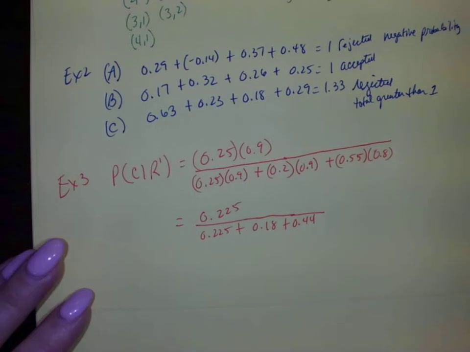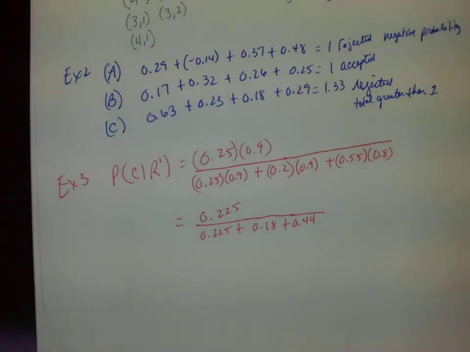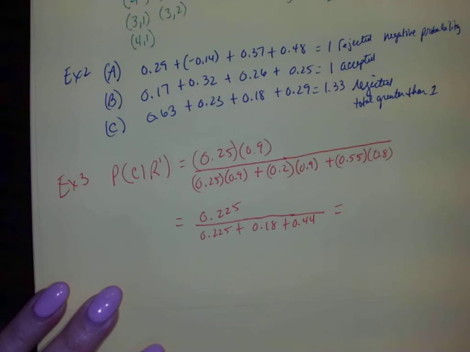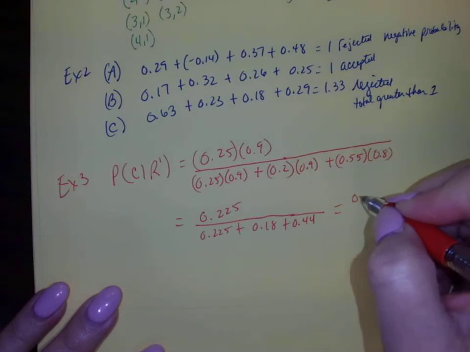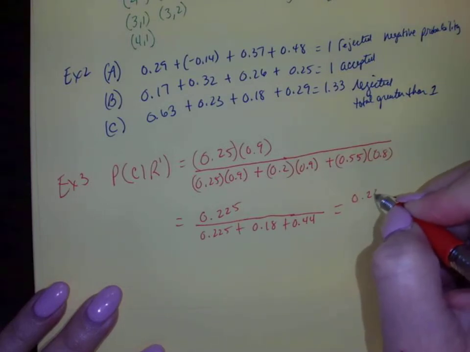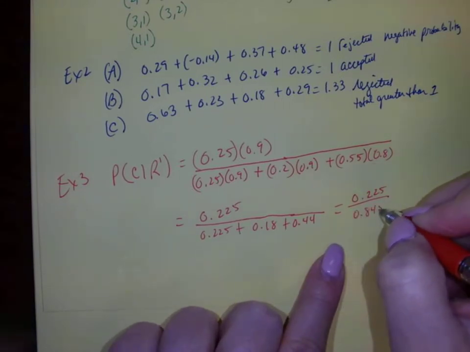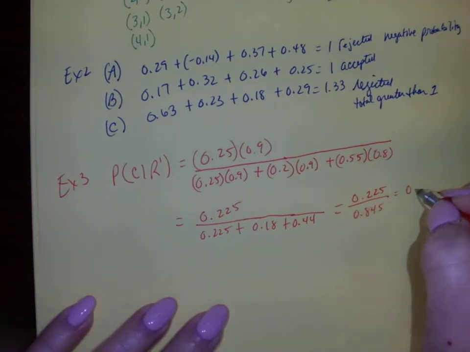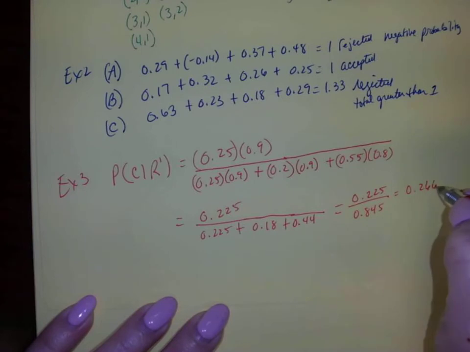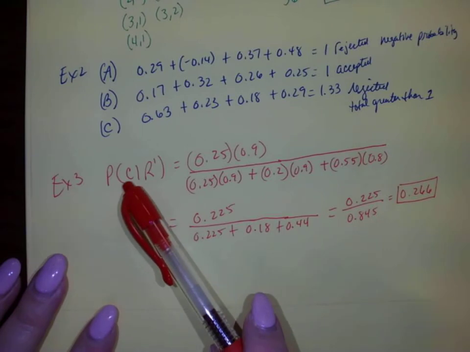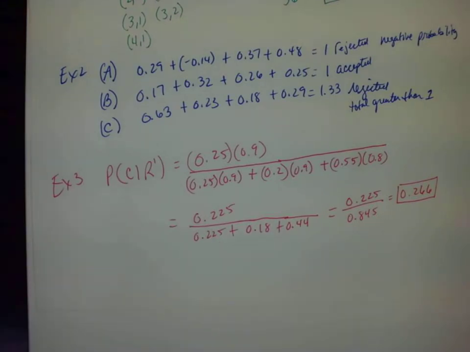And I'm writing this out so that if I need to double check my math, I've got my numbers there. And it's good to show your work. So we have 0.225 over, when I add these together, 0.845, which is equal to 0.266. So that's our probability of C, given that the R complement occurred.